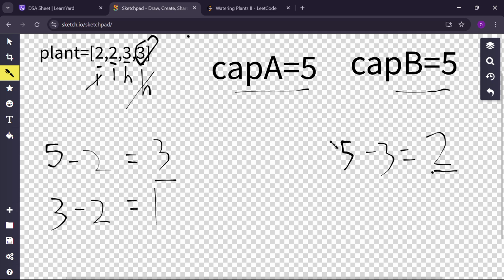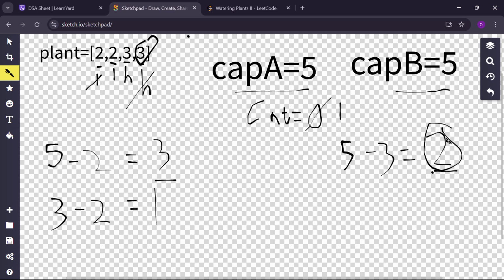That means we need to refill this can. And if we refill, we should have a counter. Let's call this CNT, which is initially 0. Now we are refilling our can, so it becomes 1.